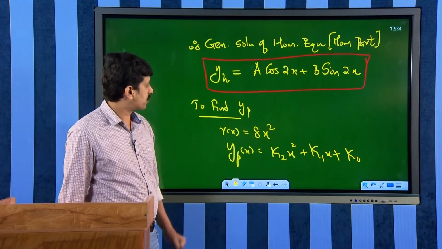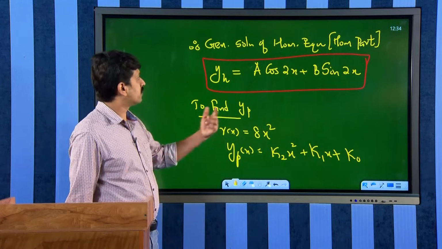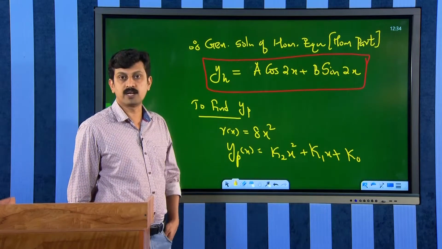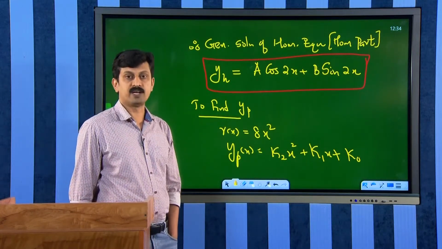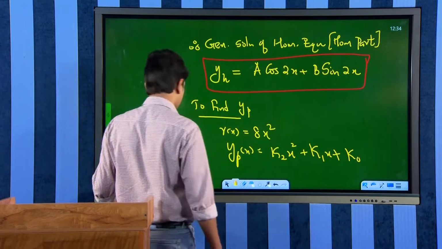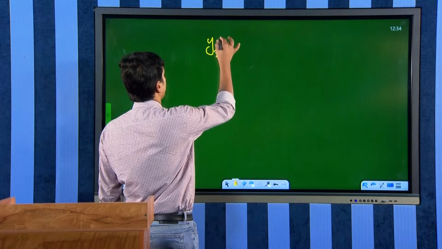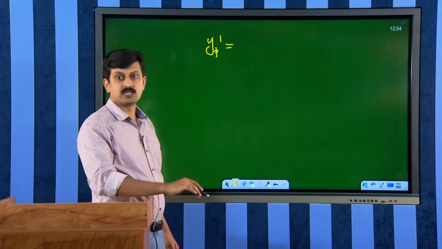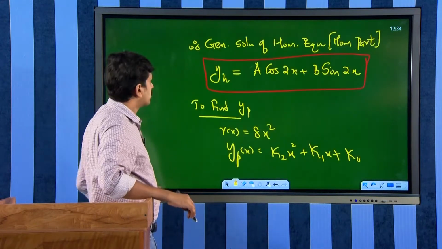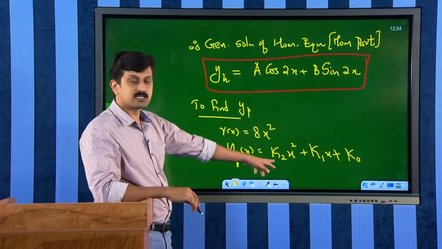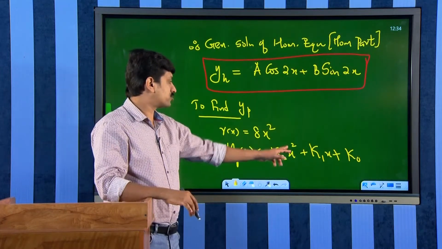Fine, therefore we have yp and we need to find yp dash and yp double dash. So, yp dash, see my dear students, is equal to the derivative of k2 x square, that is 2 k2 x.